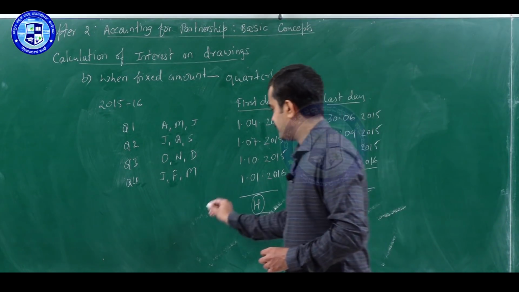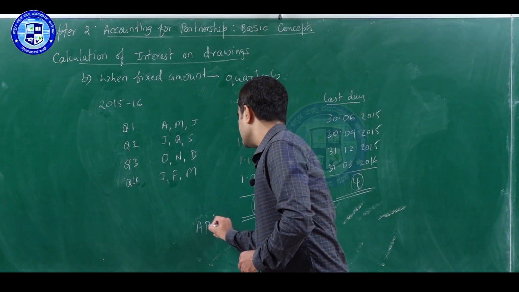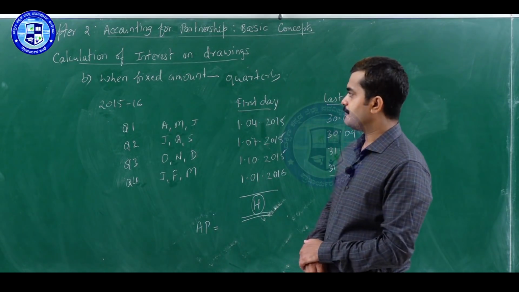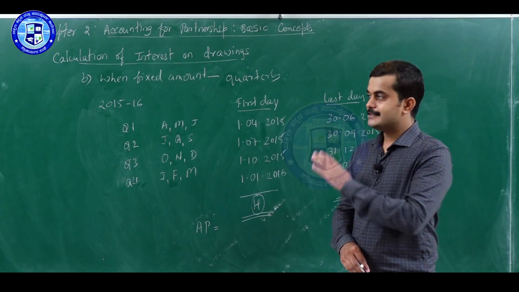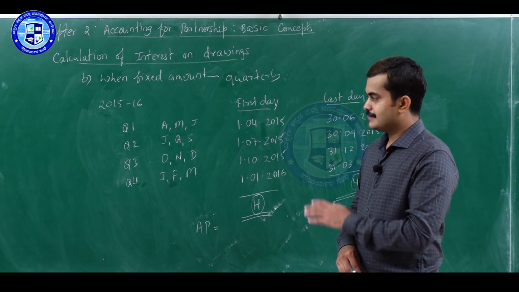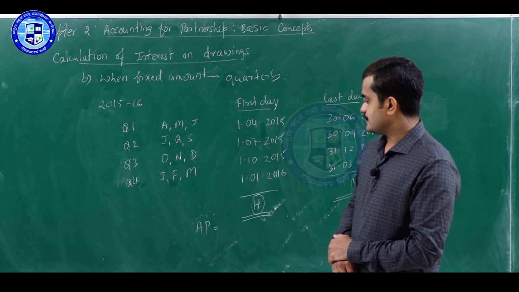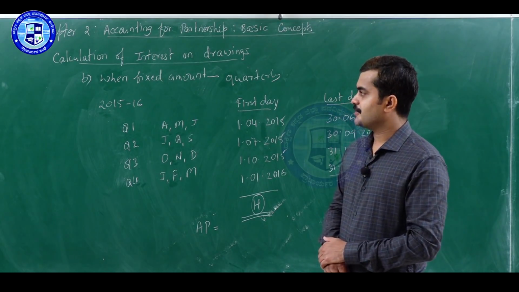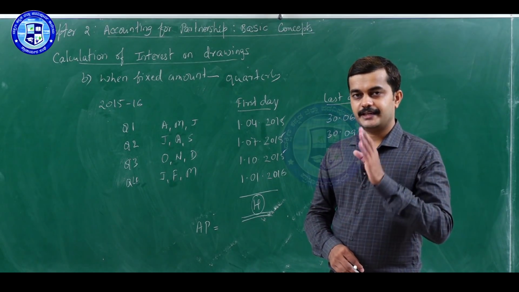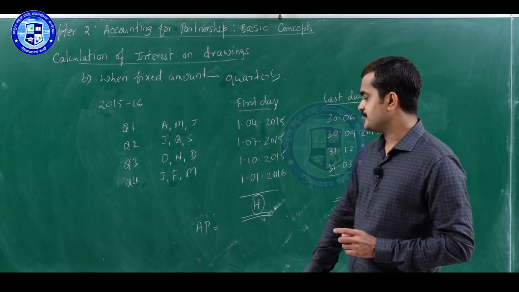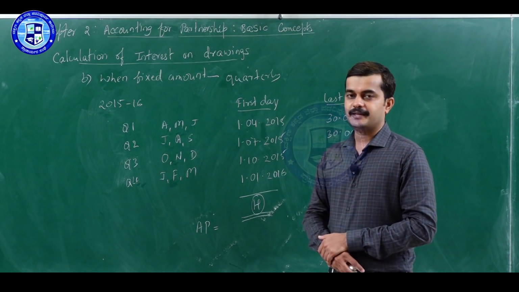Let us look at the average period now, because the formula for calculating interest in this case is the same, that is interest on drawings is equal to total drawings into rate of interest into average period into 1/12.